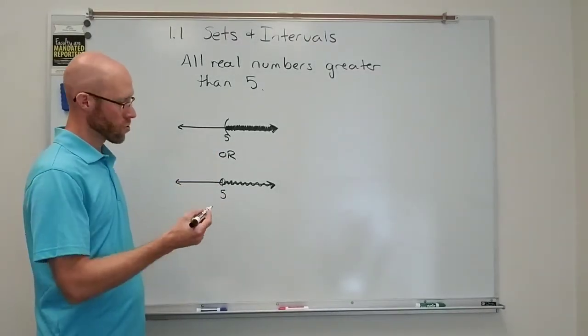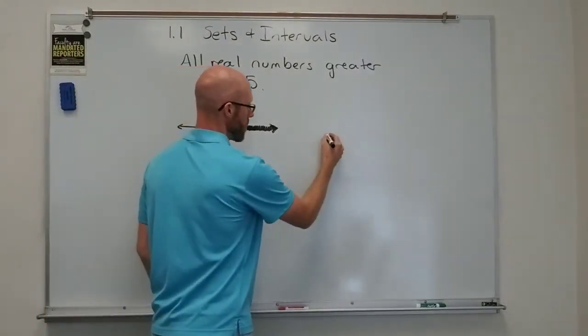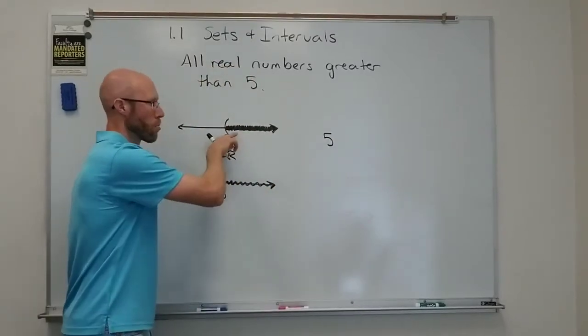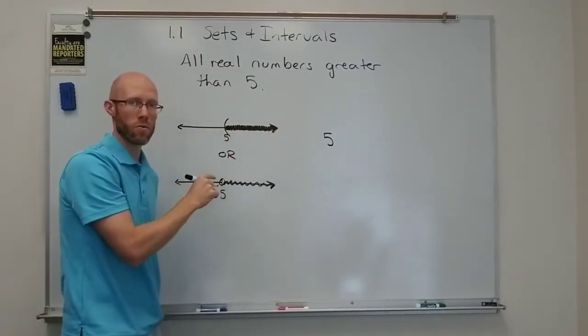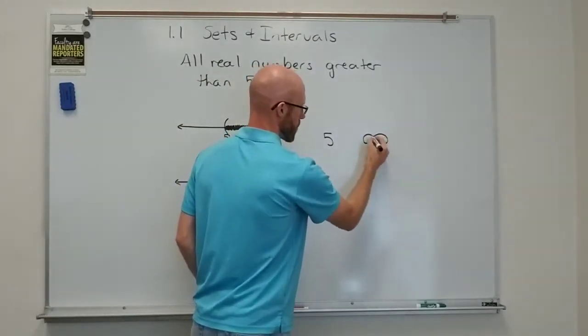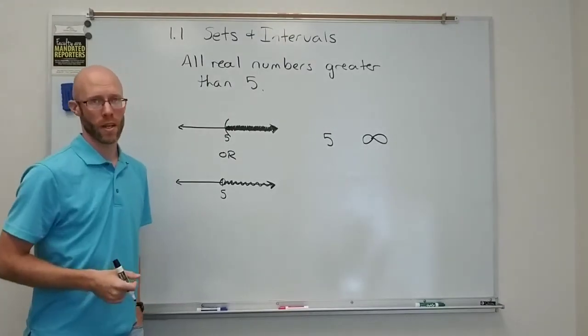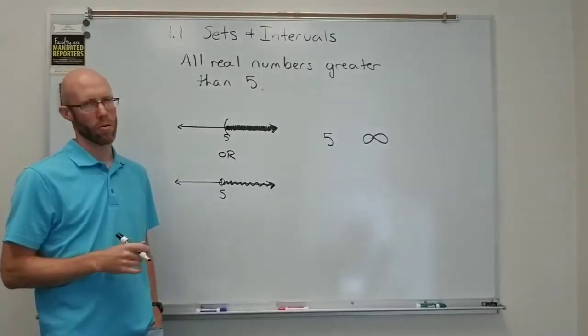So in this particular case, the left endpoint is 5. The right endpoint, because this goes out indefinitely, would be infinity. It's not really an endpoint. It's really a symbol that represents the fact that there is no endpoint. But we kind of use it like an endpoint.